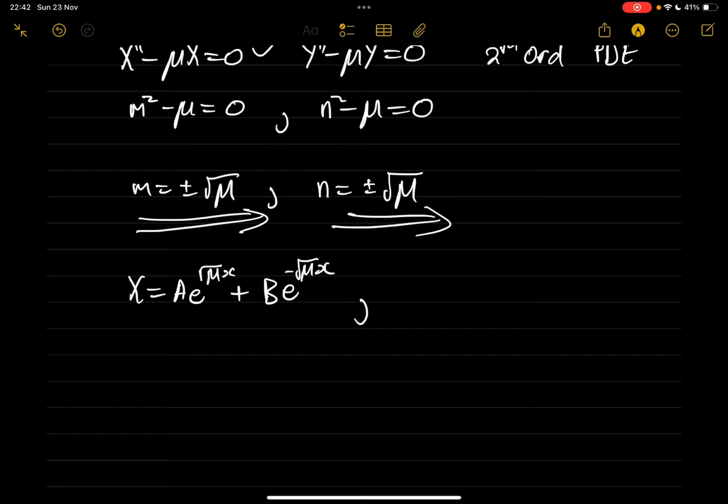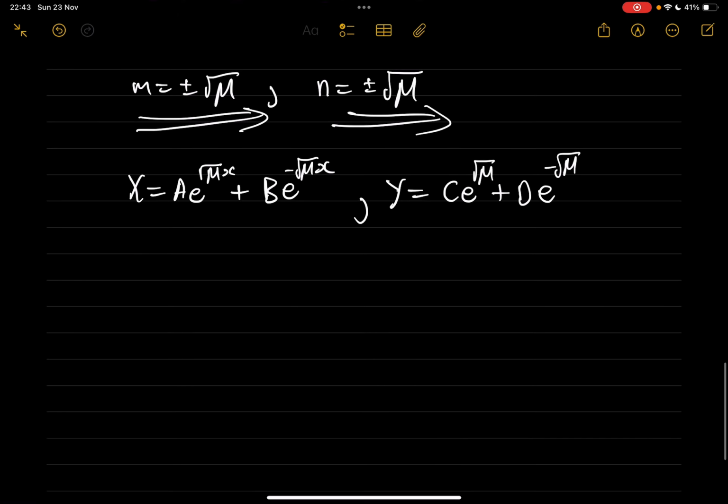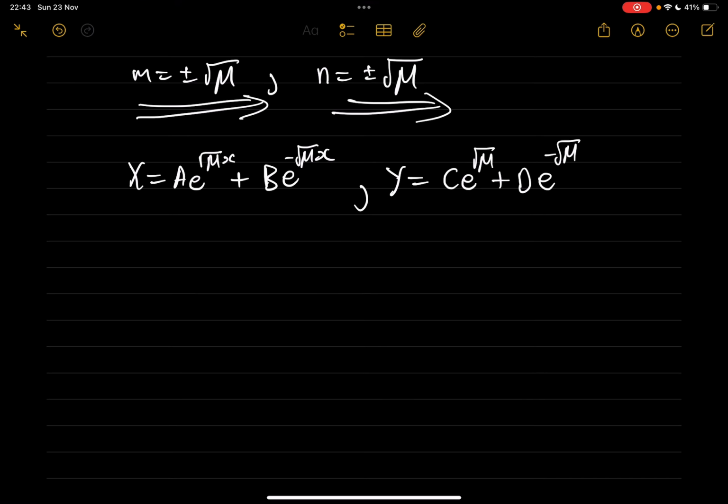And then for y, since there are two distinct values, we are going to have c e to the root mu y plus d e to the minus root mu y. It's the same as the approach that I took with the wave equation. So from here, we know that a, b, c, d are constants.